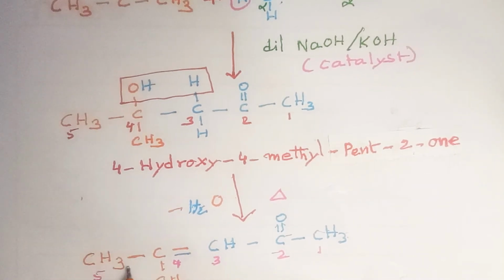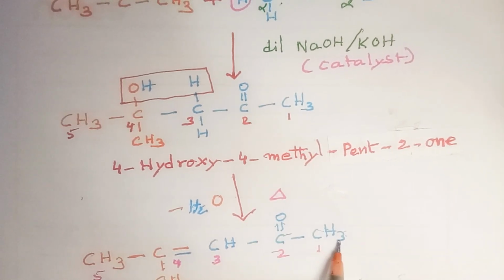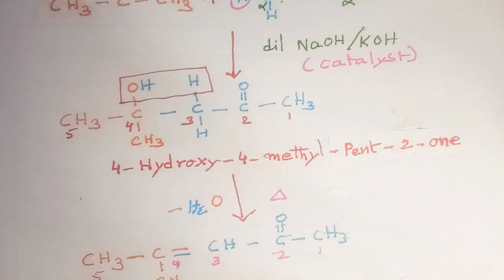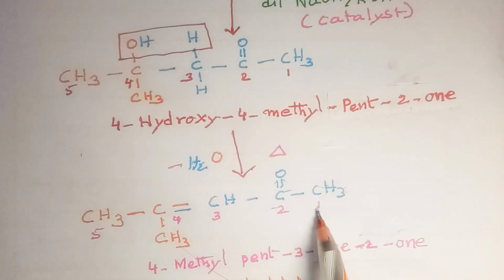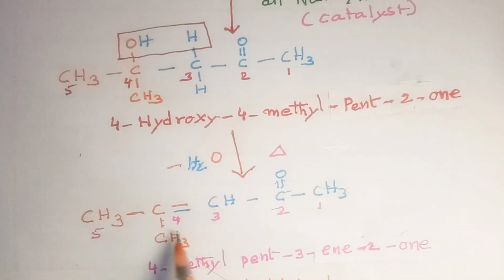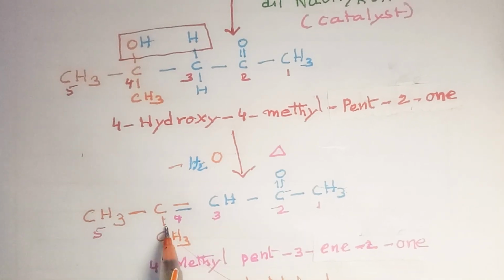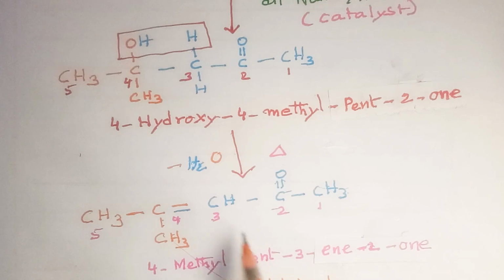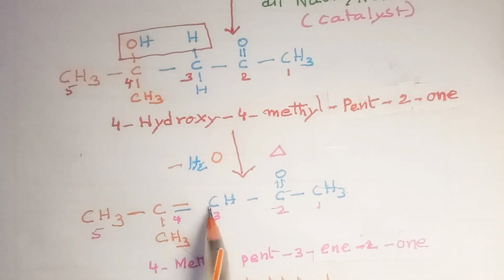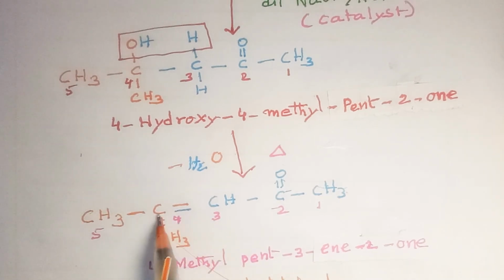As a result, we get CH3, CH3, double bond CH, C double bond O, CH3. So in the long chain, there are 5 carbon atoms, a methyl group is present on the 4th carbon atom, and a double bond is present between the 3rd and 4th carbon.